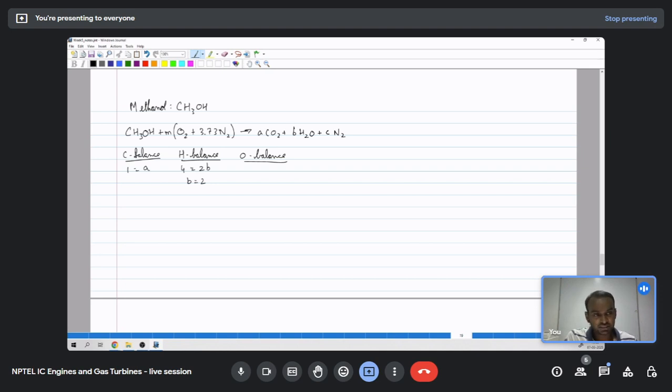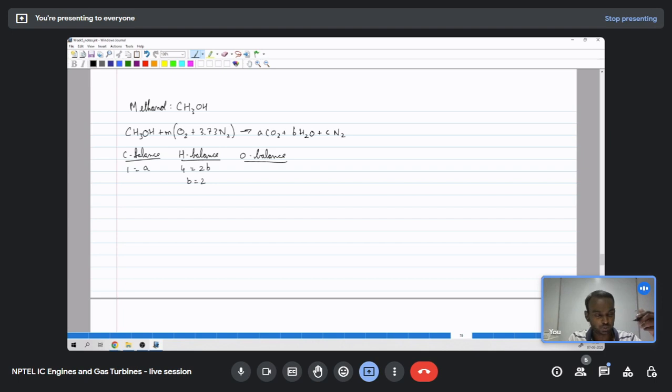But the advantage is that you will have better combustion, because there are very less chances of the combustion becoming oxygen deficient, because oxygen is directly present in the fuel, and the time taken for mixing can be reduced, because you need only less amount of oxygen to be mixed before combustion for the proper combustion to take place.